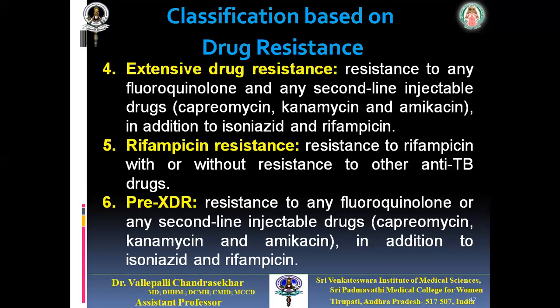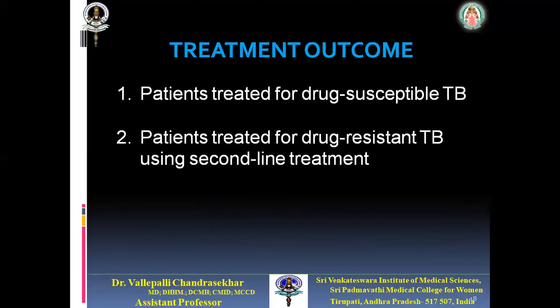If it is both a fluoroquinolone and a second line injectable, pre-XDR becomes XDR, that is extensive drug resistance TB. So this is the broad classification based on drug resistance. Depending on treatment, we can classify TB patients into two: patients treated for drug susceptible TB, which you have heard about in the last classes, and patients treated for drug resistant TB using second line treatment. This is what we are seeing today.